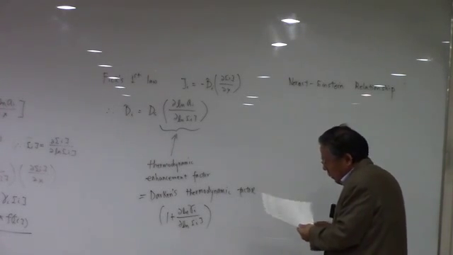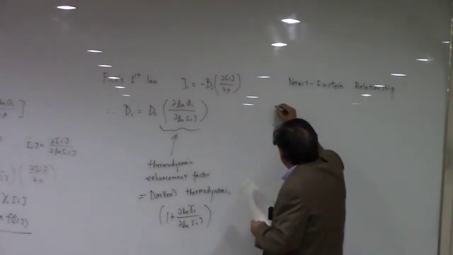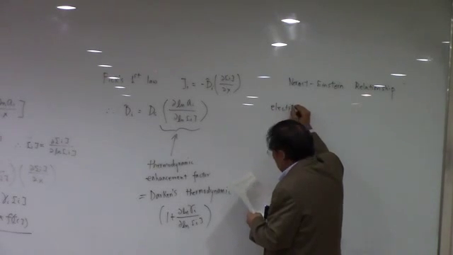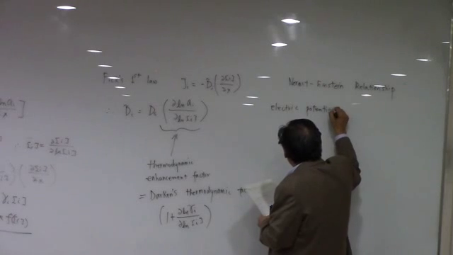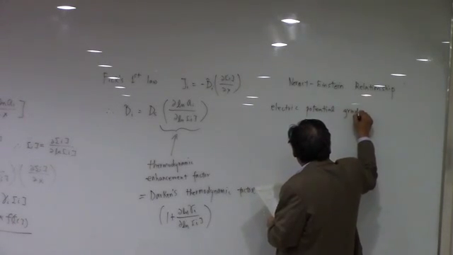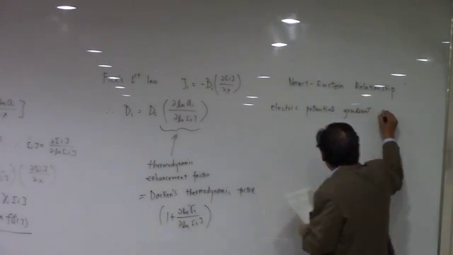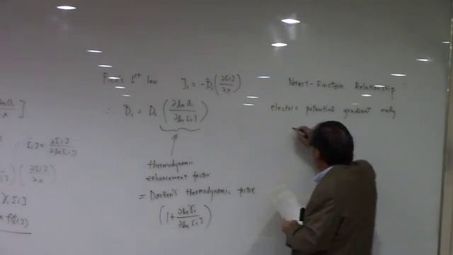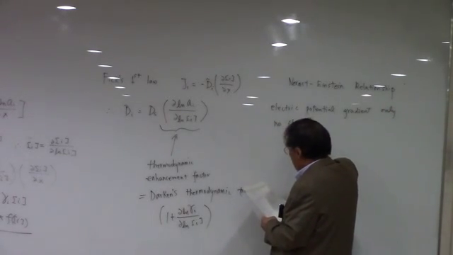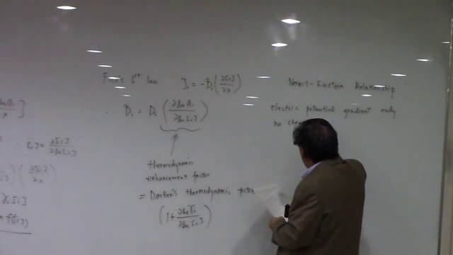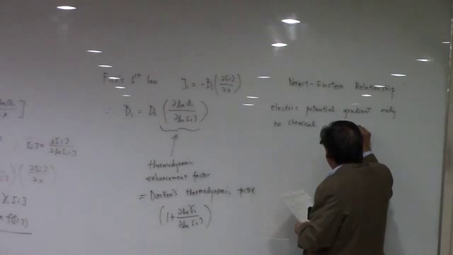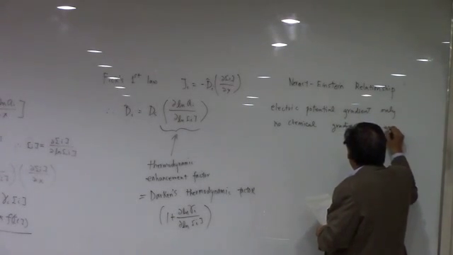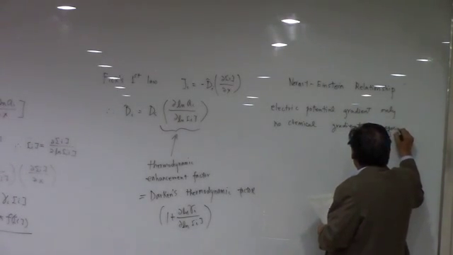Now, if we have an electric potential gradient only, no chemical gradient. What does this mean? We are in equilibrium. Right?